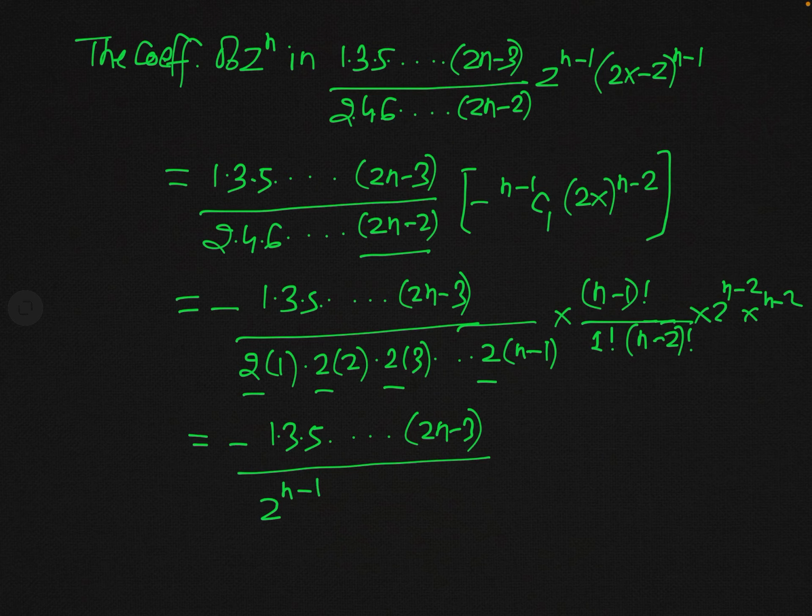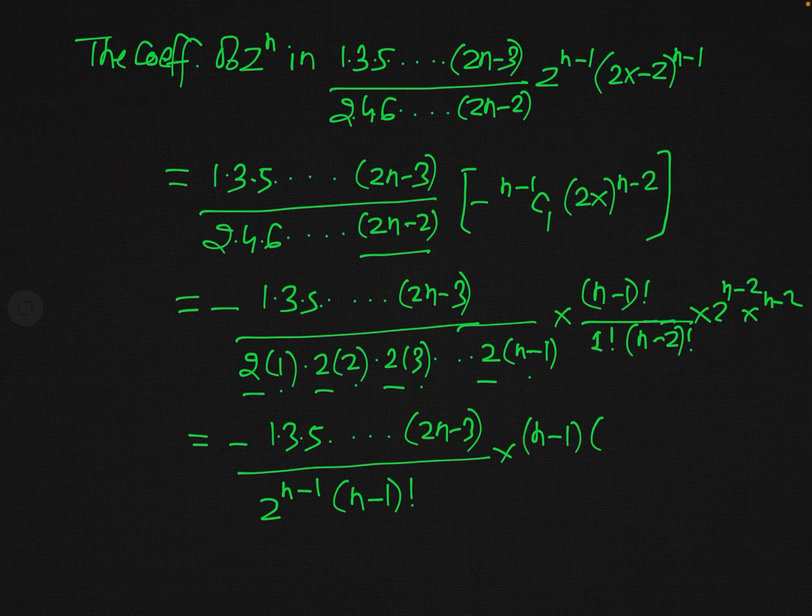So when you multiply this n minus 1 times, the result will be simply 2 to the power n minus 1. And again see this, 1 into 2 into 3 so on into n minus 1, so this will be n minus 1 factorial.